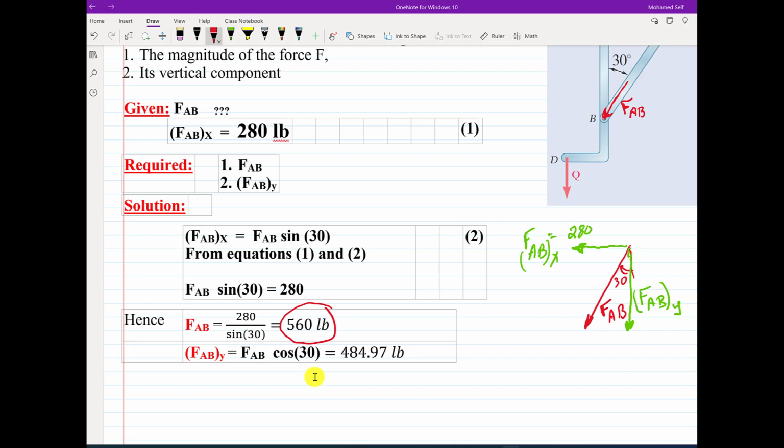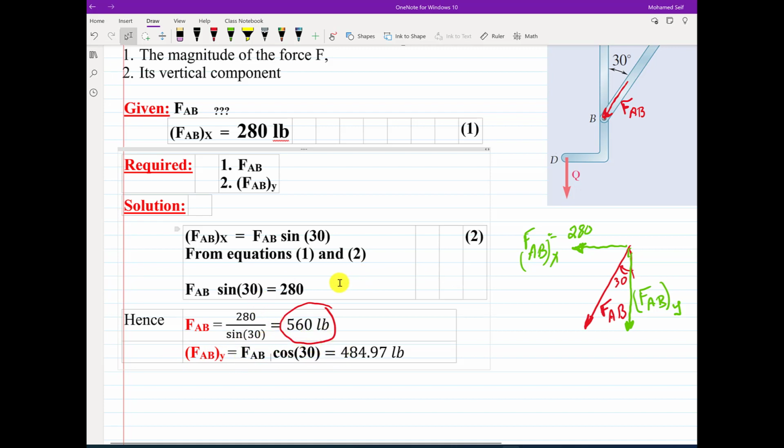We got FAB. Now, can I get the force in the Y direction? The Y component of the force FAB? Yes. Since the angle with the Y component is going to be cosine, FAB Y component should be equal to FAB multiplied by cosine 30. So you substitute into this equation.